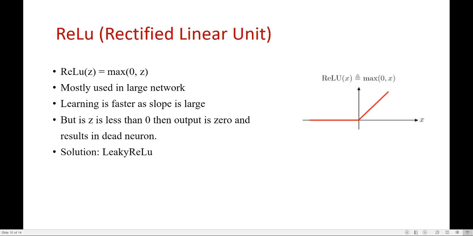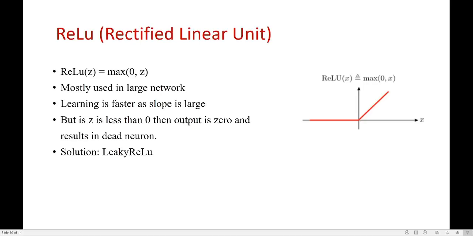But here also we are facing certain problems. If the value of z is less than 0, then we take 0 as the output for the ReLu activation function. But it will result in dead neurons.